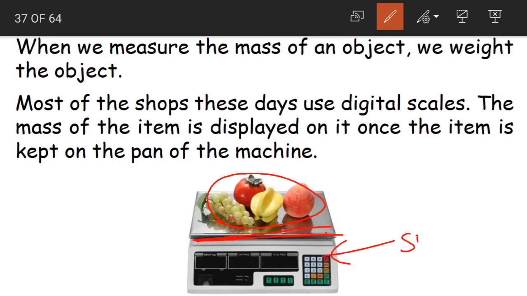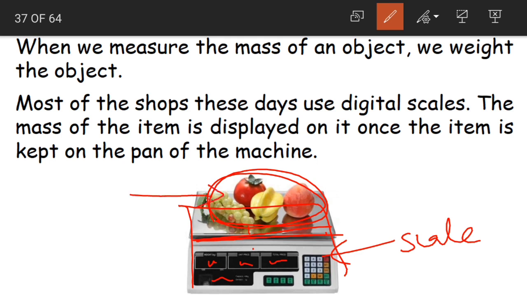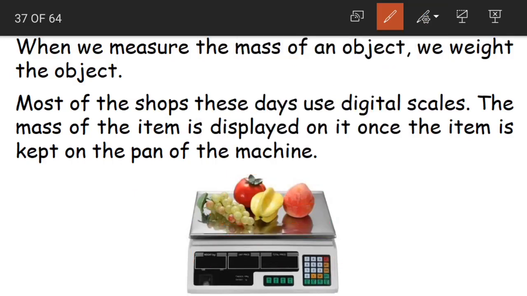This instrument is called a weighing scale or also a weighing machine. As soon as we put the objects onto the scale, the weight will be displayed here. Yes or no, children? You can see the numbers automatically appear. It tells us the exact mass or weight of the objects placed on the machine. It is very easy, right?